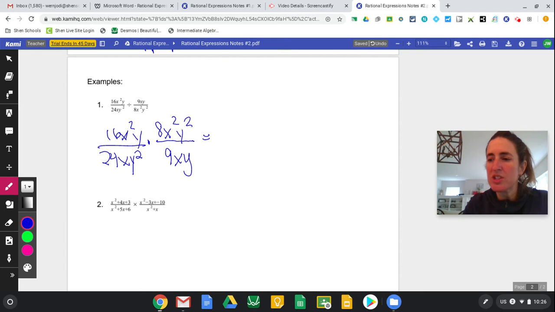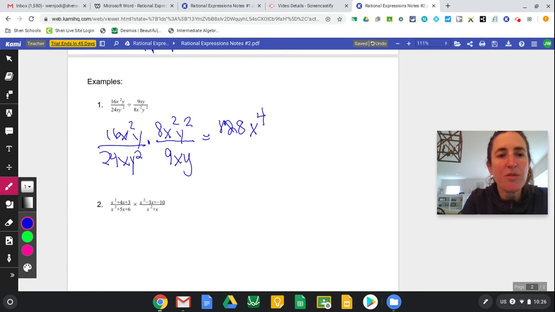Times 8, folks, because remember, I multiply straight across the top. That's 128. I'm going to add my exponents together to make it x to the 4th, y to the 3rd. 24 times 9 is 216. X to the 2nd, y squared.